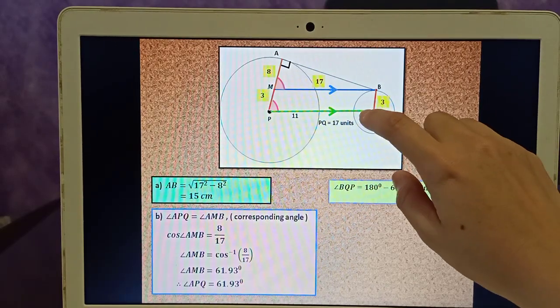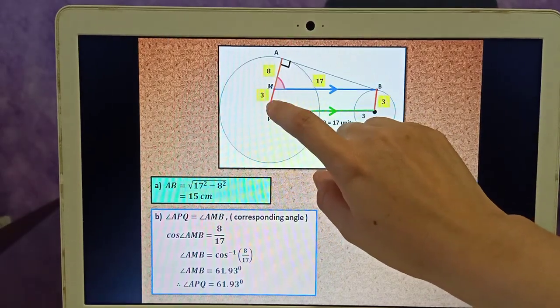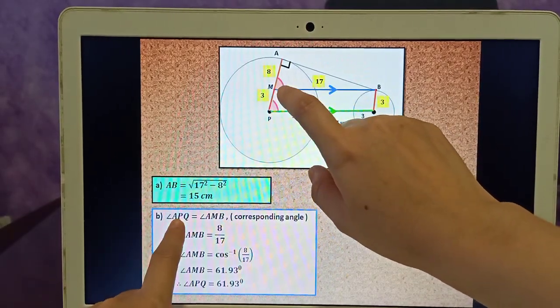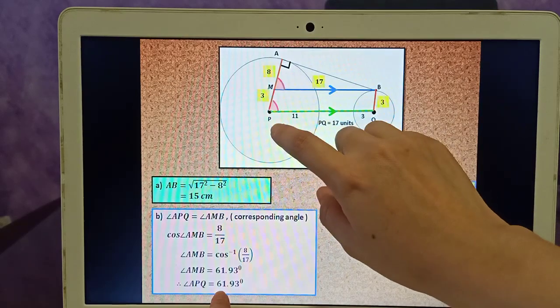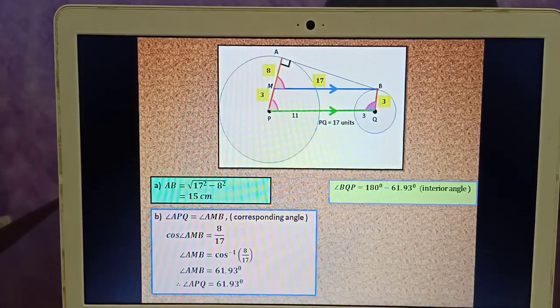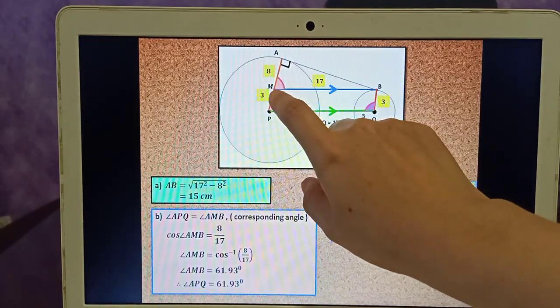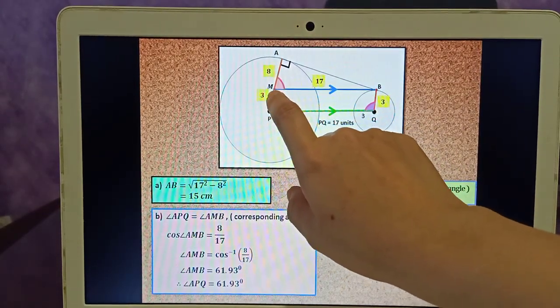So to get this angle, you need to use 180 minus this angle. This angle you already got just now, actually the same, which is 61.93. So you minus it, and then you will get the answer: 118.07 degrees.